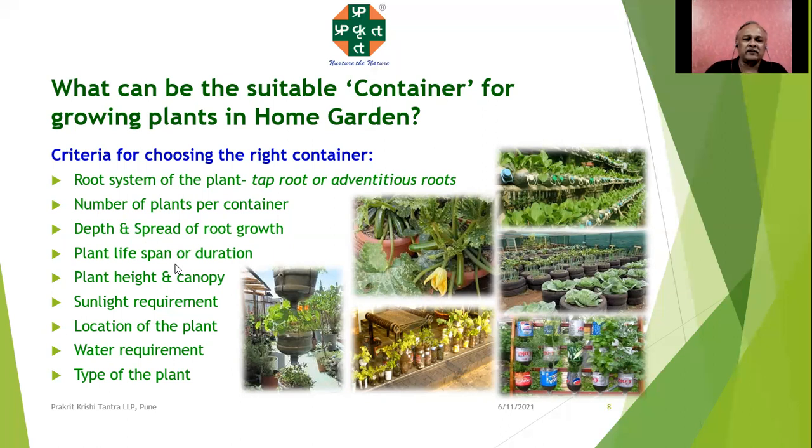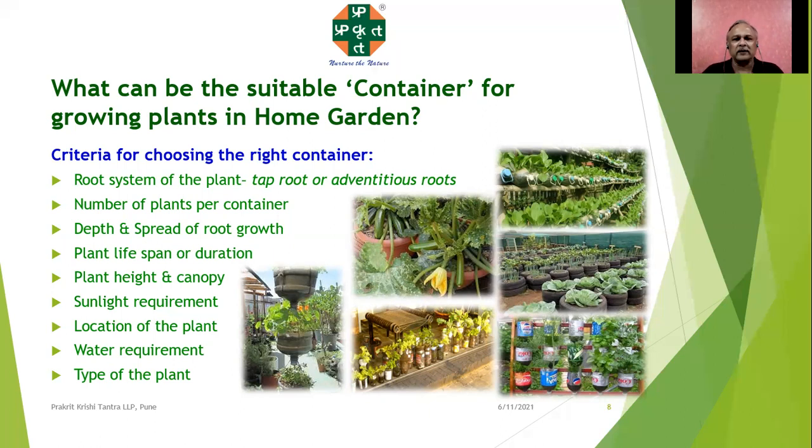If it is a perennial kind of plant, or a biennial plant, or annual plant, or seasonal plant, depending on that, the growth of the plant will happen. And growth, when I say it, is underground root system growth and above ground shoot system growth.